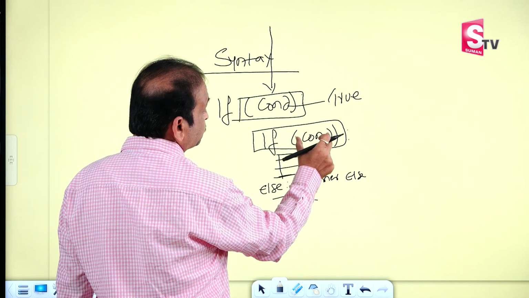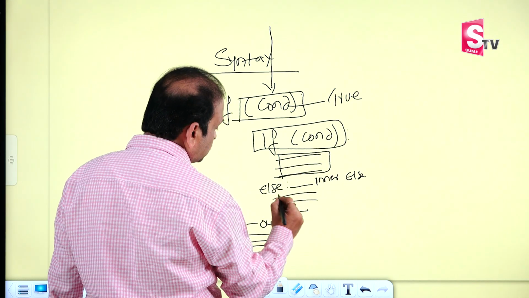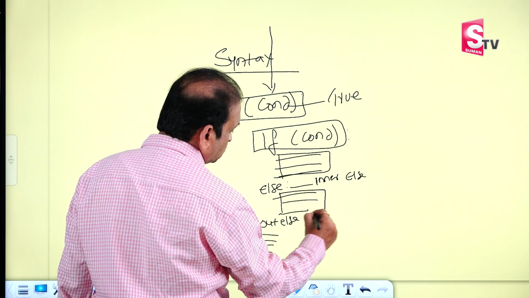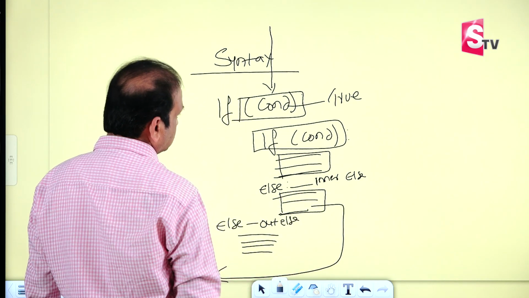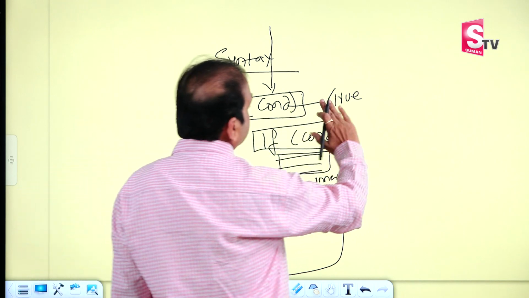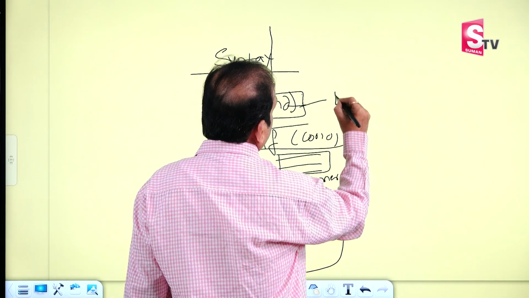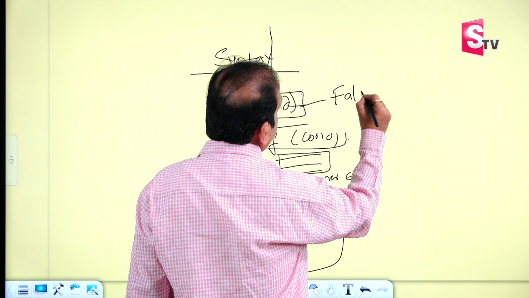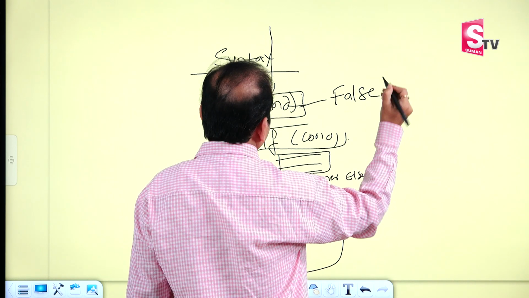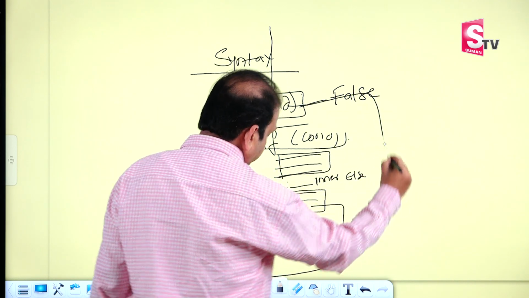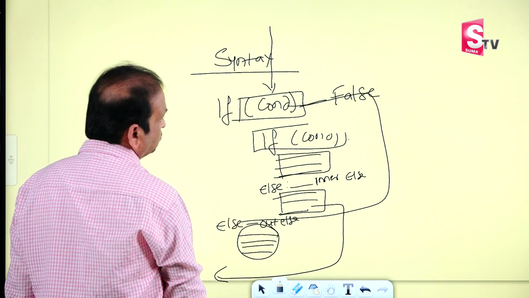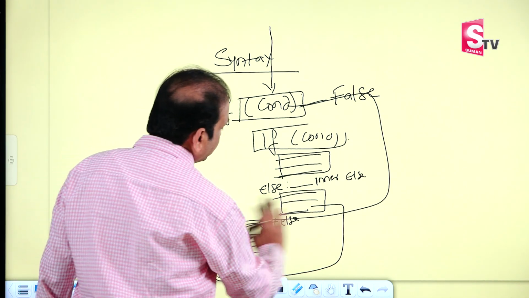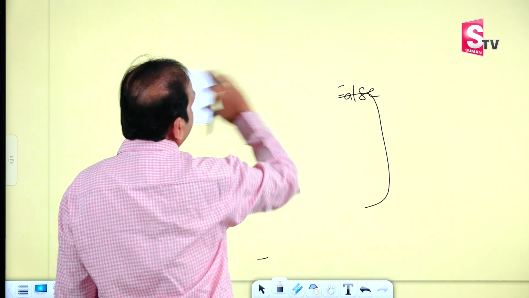If the inner condition is false, it comes to the inner else block, and it will come out of the block. But for example, if the outer if is false, then directly it comes to the outer else and executes this block. Okay, right. Now we'll do one example. We'll modify the same program.